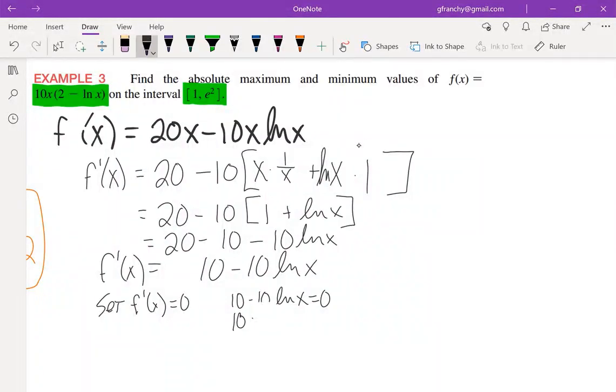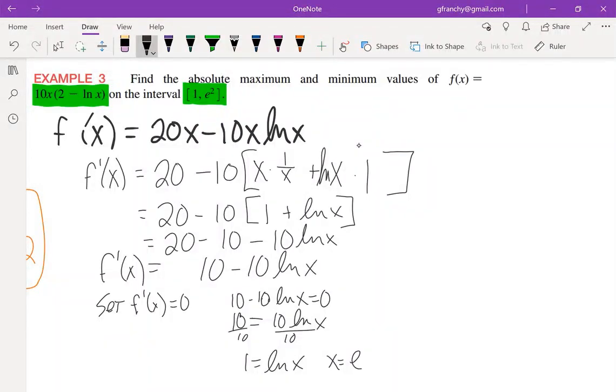And then dividing both sides by 10. And log of x is equal to 1, where x is equal to e.